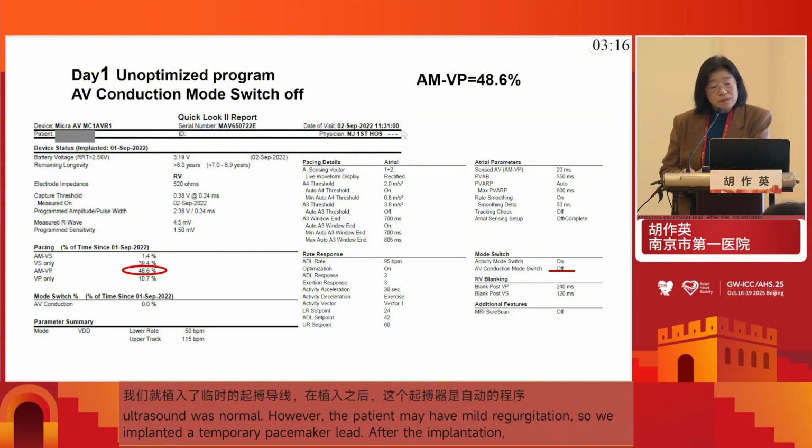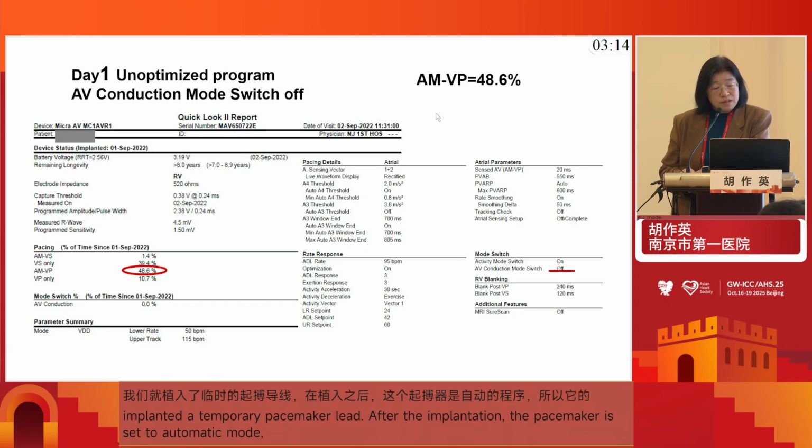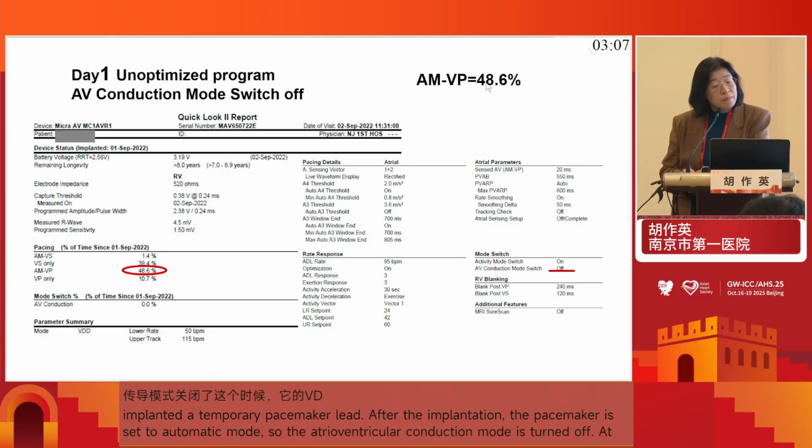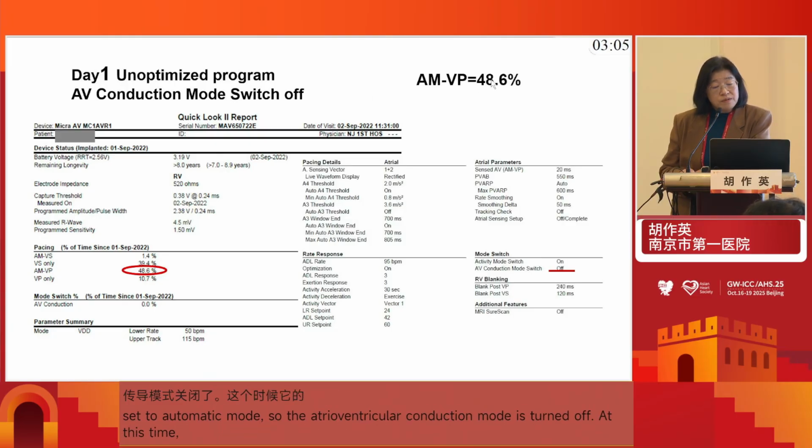So there is VDD, AMVP is 48% about that. You can say this mode switch is off mostly, and just after the implementation, the mode switch is always off.